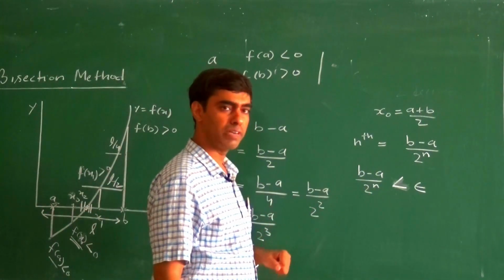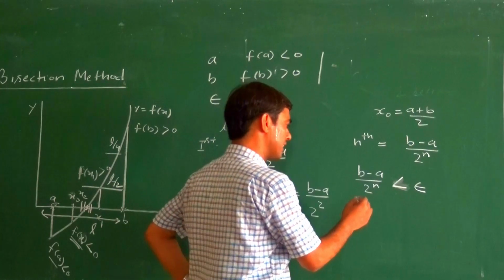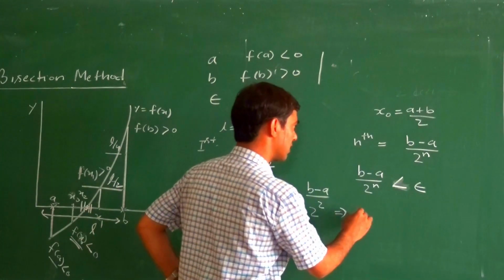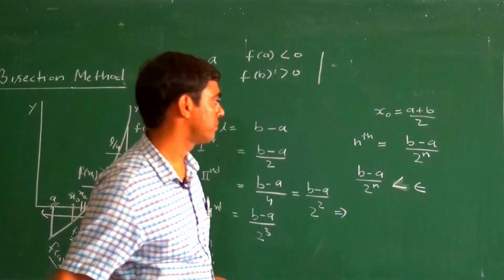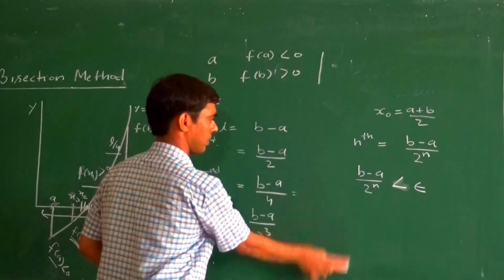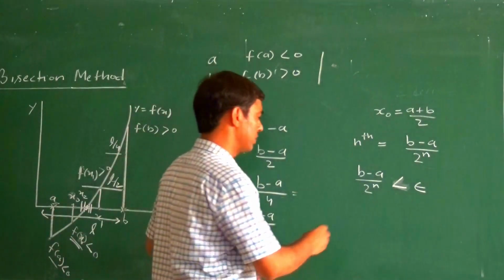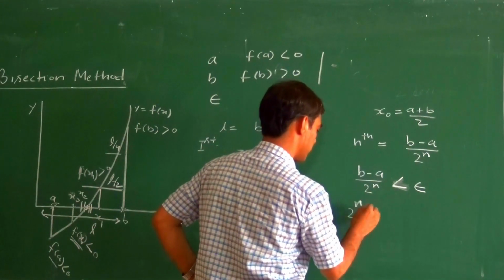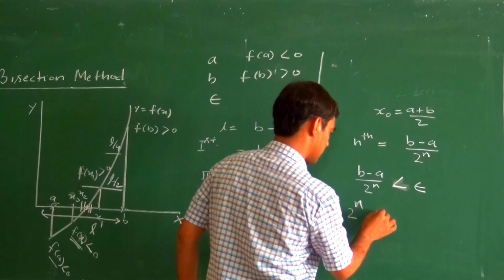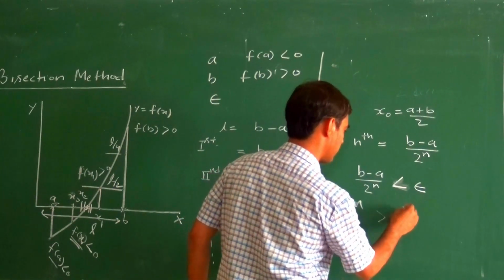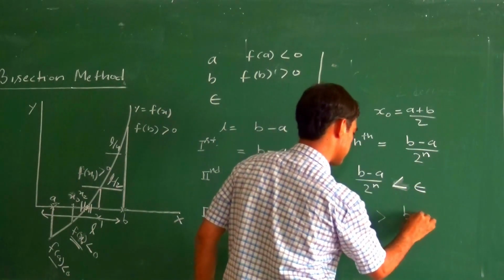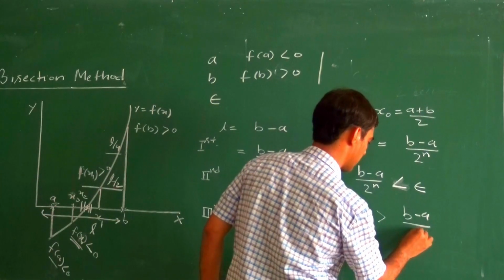Now, how do we find the value of n? Very simple. Here we take a log. If we simplify, 2 to the power n is greater than (b minus a) upon epsilon.